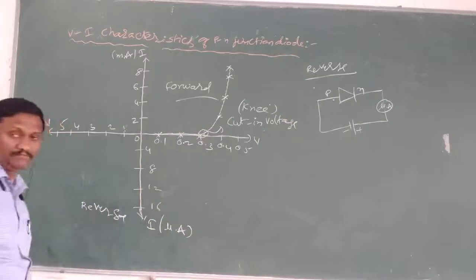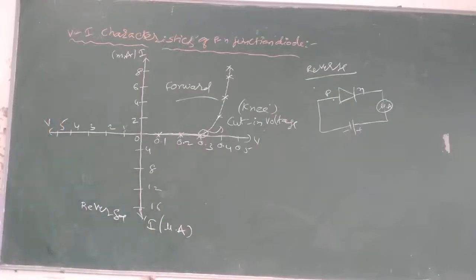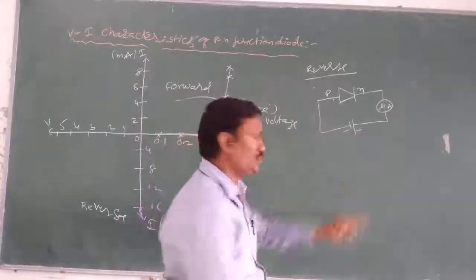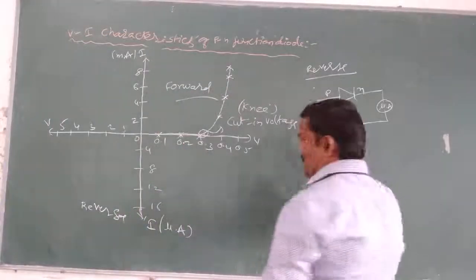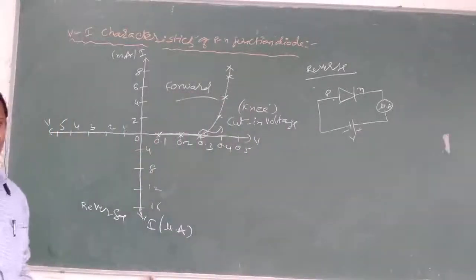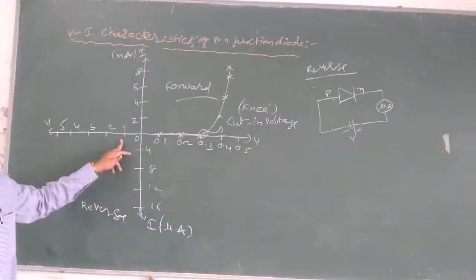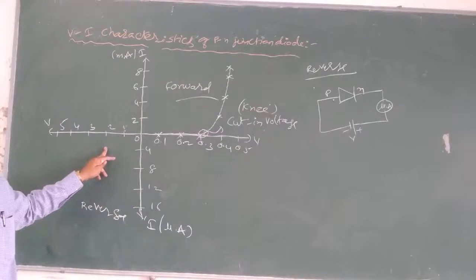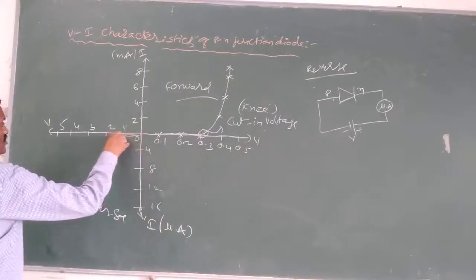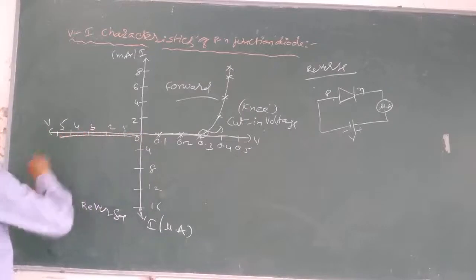Initially the applied potential is 0, and current is also 0. At 1 volt, current is 0. At 2 volts, current is almost 0. So up to a certain potential, current is almost 0.